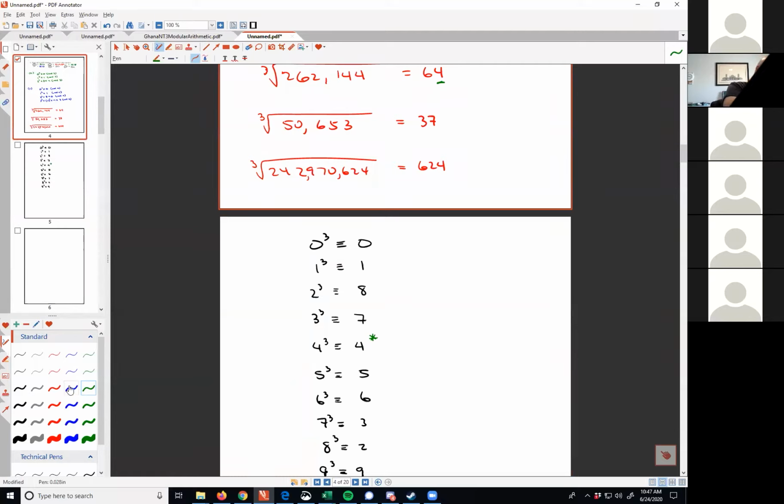After that, I said, hey, this number is between 60 cubed, which is 216,000, and 70 cubed, which is 343,000. I know my cubes from 1 to 9, and 9 cubed is 729.